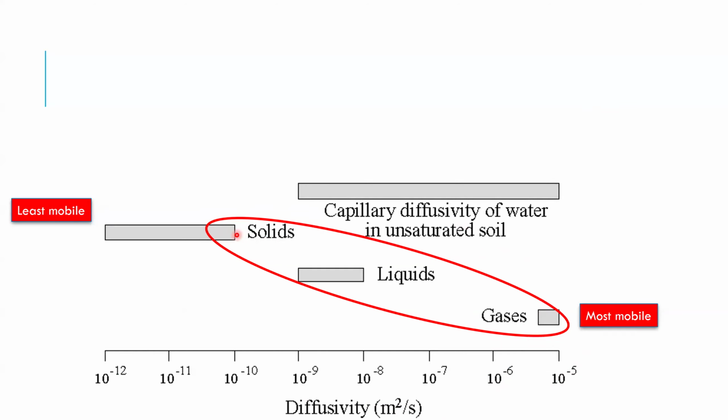Then diffusion in solids is very difficult. Diffusion of a solid in a solid is really difficult, so these are many orders of magnitude smaller. Liquid is in between. If we put, let's say, salt in water, then we use the diffusivity in liquid, and that's in between. It's still much less mobile than the gases.